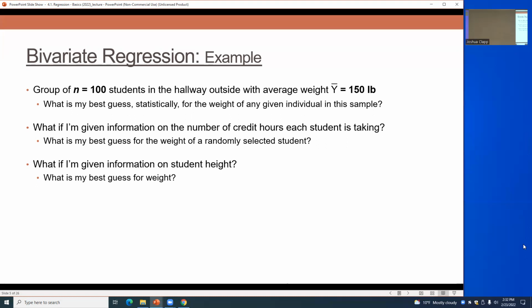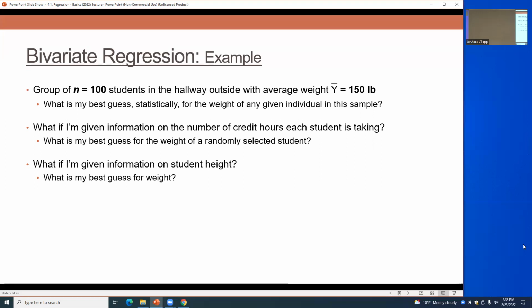So is 6'2" above or below the average height? I think above average. Okay. And so if I say that this is an above average height student, what might you do to your guess for their weight? Increase it, right?